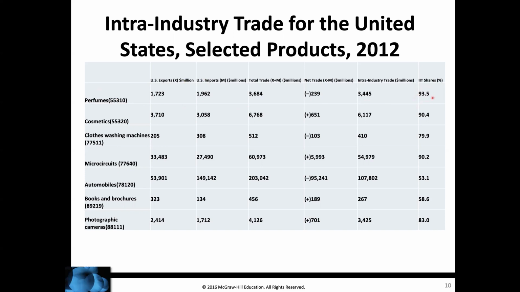So a significant amount of intra-industry trade. And you can see these cosmetics, it's 90%, clothes washing machines, microcircuits, automobiles, books and brochures, photographic cameras. So these all have a large amount.